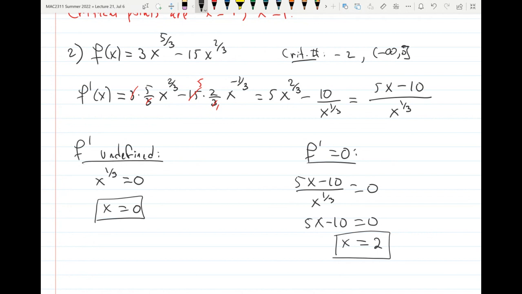Here you just need an x to the 1 over 3, so multiply top and bottom by that. Okay? And when you multiply x to the 2/3 times x to the 1 over 3, you add the exponents, 2 over 3 plus 1 over 3 is 3 over 3, which is 1. Okay? That's why it's 5x. And then you activate this process. Okay, so be careful.